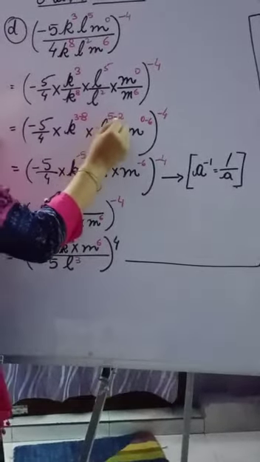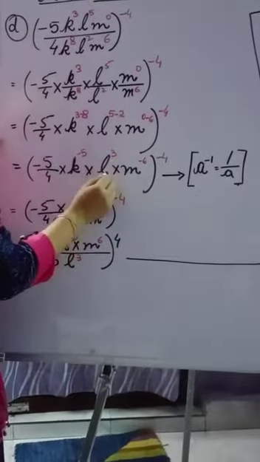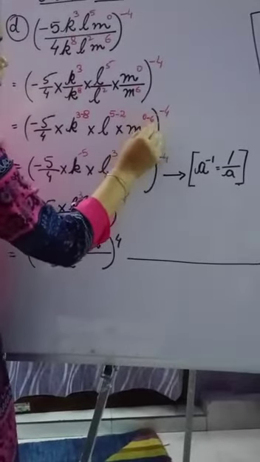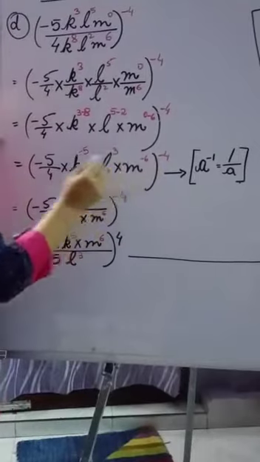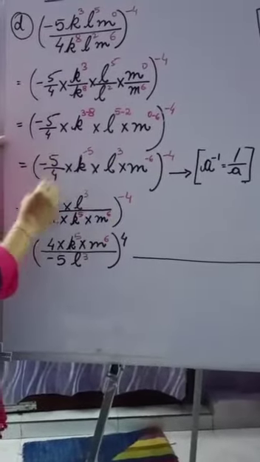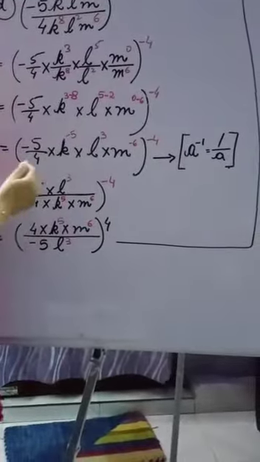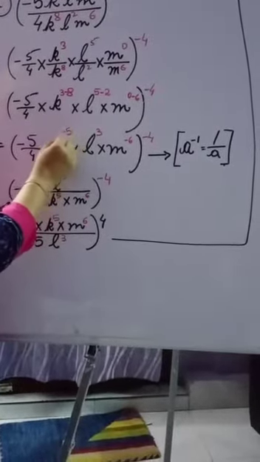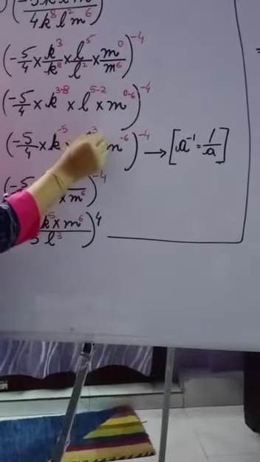L to the power 5 minus 2. 5 minus 2 is what? 3. So L to the power 3, into m to the power 0 minus 6 is equal to minus 6, so m to the power minus 6, whole to the power minus 4. Now what we see here, children, we have two negative powers, minus 5 and minus 6, and 3 is positive.